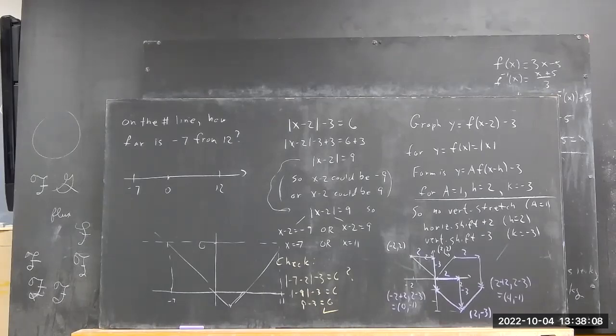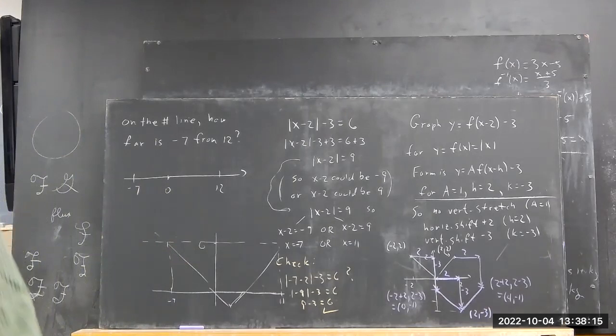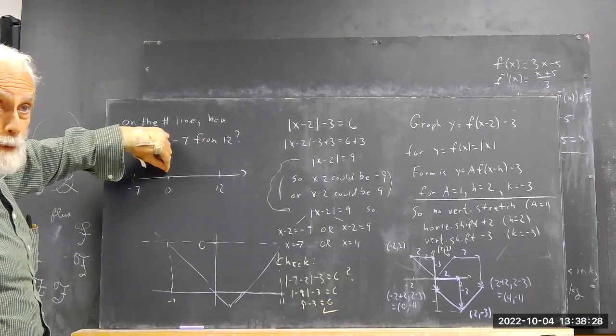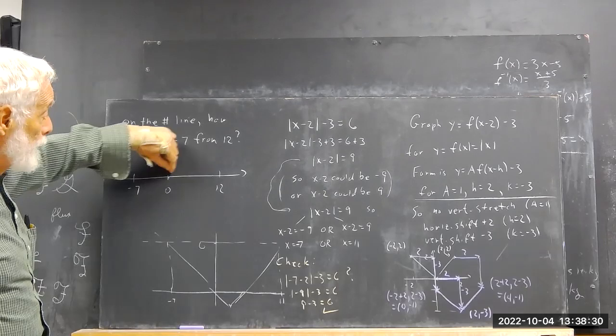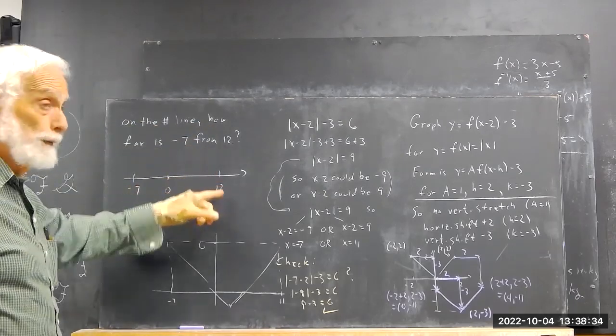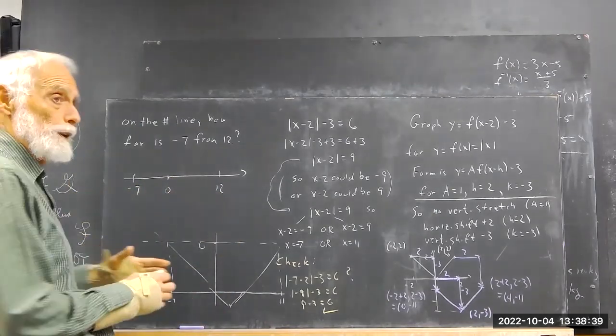Didn't really count your fingers, but it looked like you had the right number. Yeah, I know you got it. Okay, well, the last number is 9. If you go from here to here, you've got to go 7 units, and you've got to go another 12 units here. Well, if you've got to go 7 units and 12 units, you've got to go 19 units, right? So you visualize this on the number line.